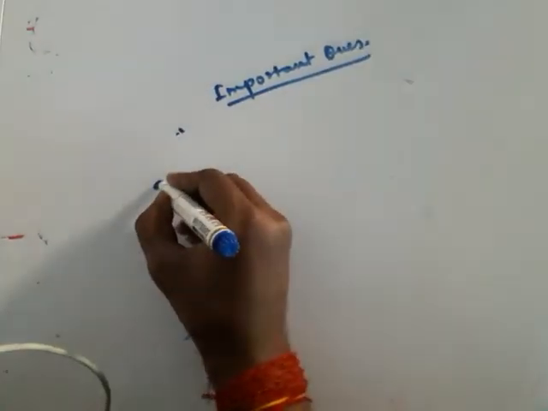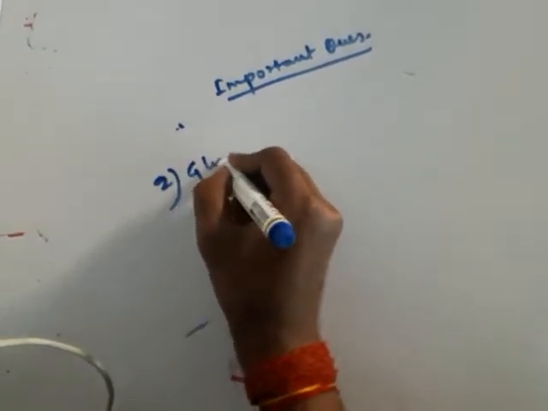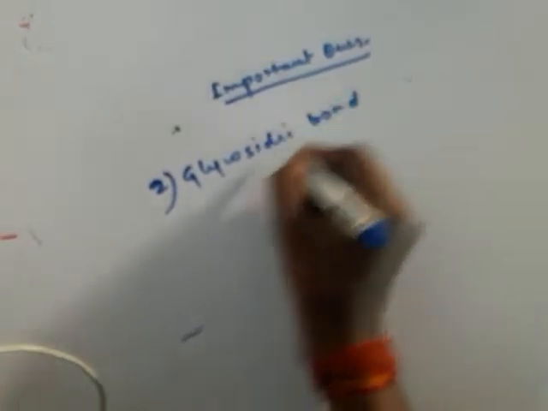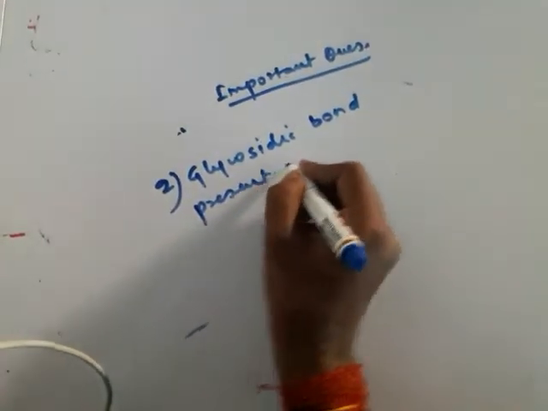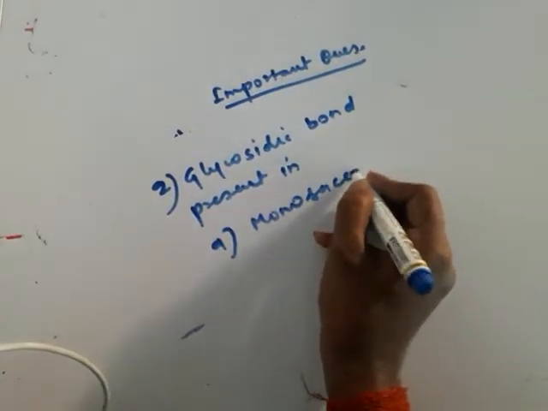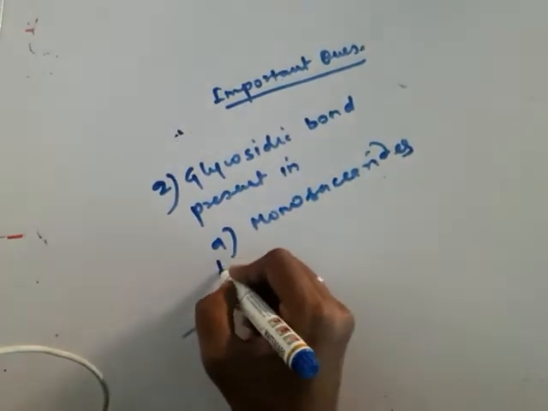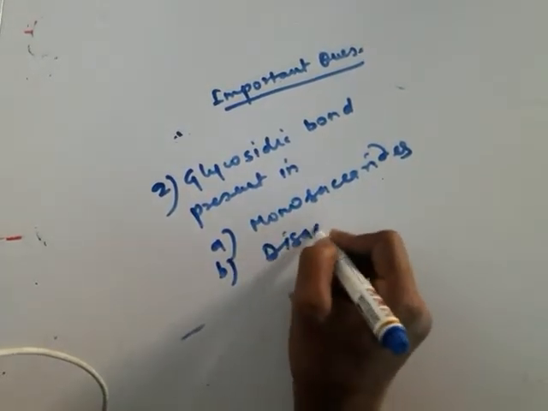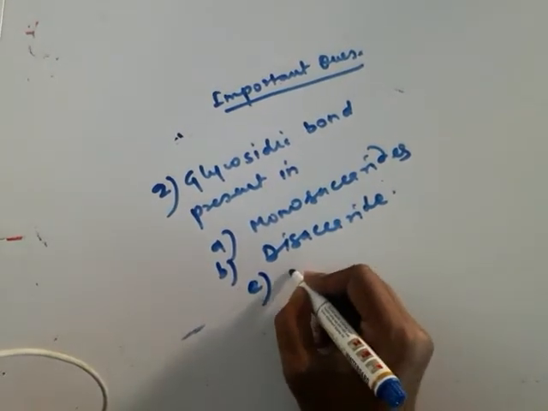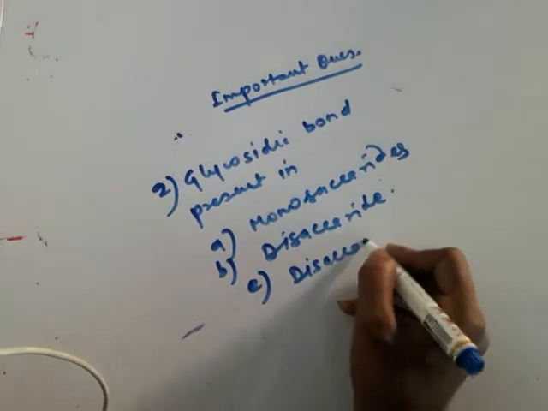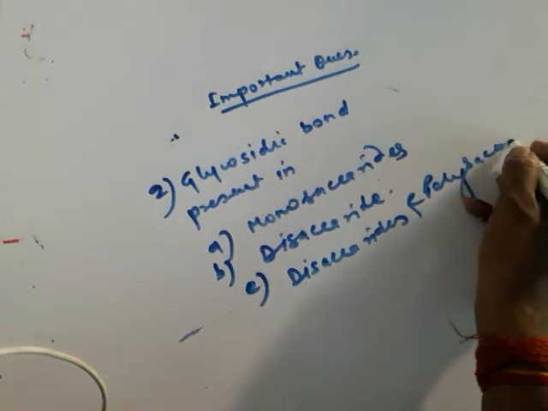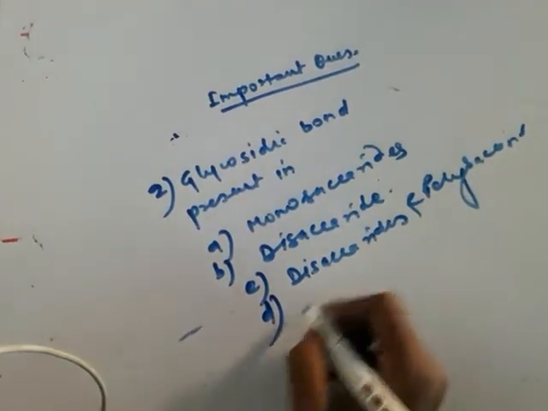The second question is: the glycosidic bond is present in A, monosaccharides; B, disaccharides; C, di and polysaccharides; D, all.